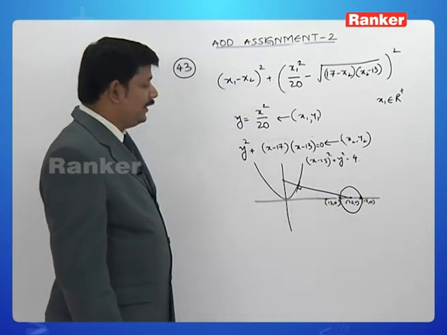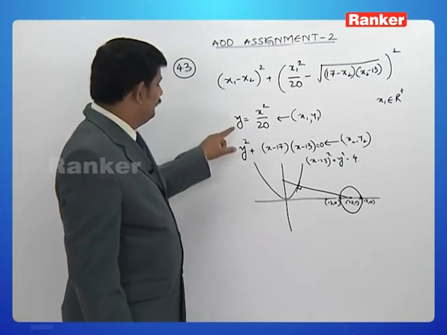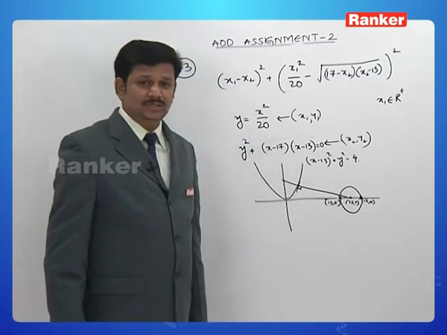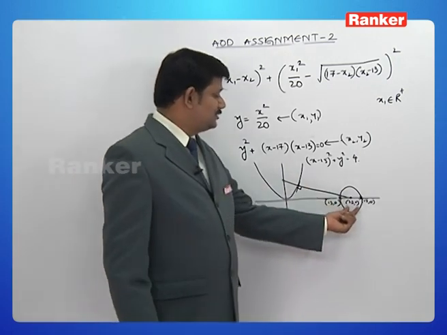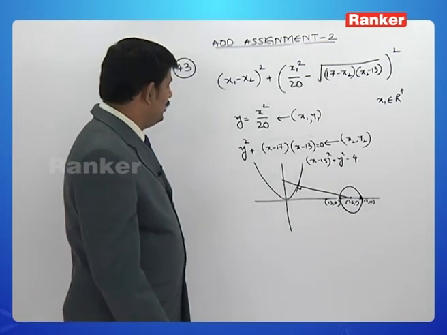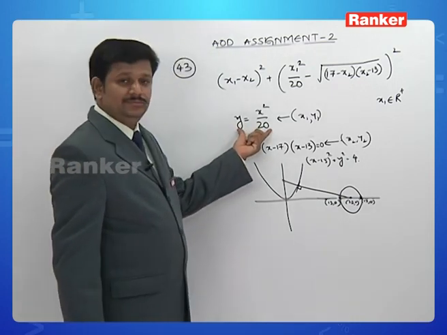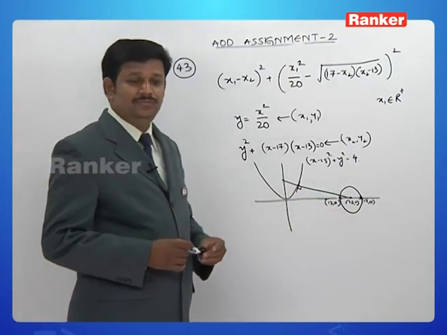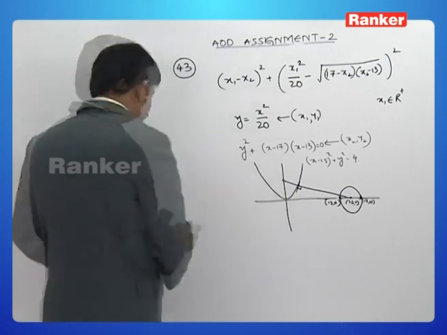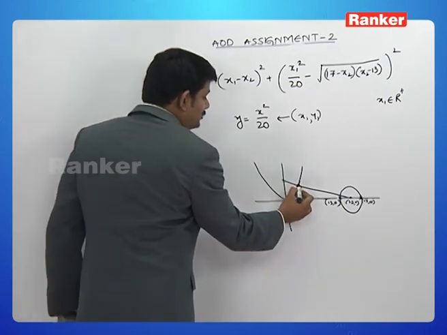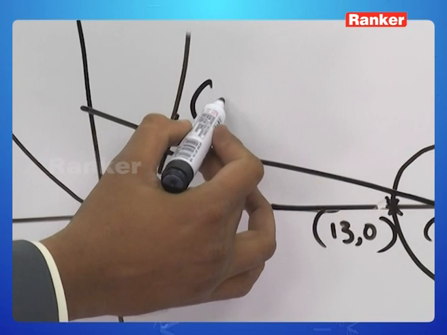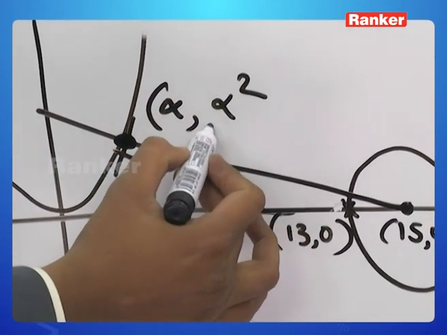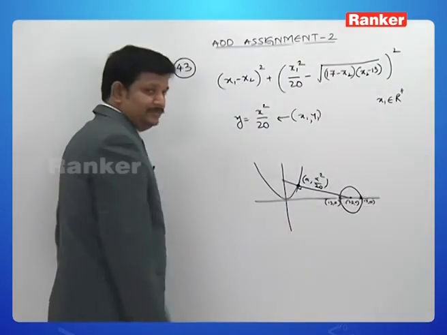So let us find the normal to the curve y is equal to x square by 20, which is also normal to the circle, and any normal to the circle will pass through its center 15 comma 0. So we want the normal of the curve y is equal to x square by 20 which passes through the point 15 comma 0. For that, let us say any point on this parabola, we assume it as alpha comma, the y coordinate would be alpha square by 20.